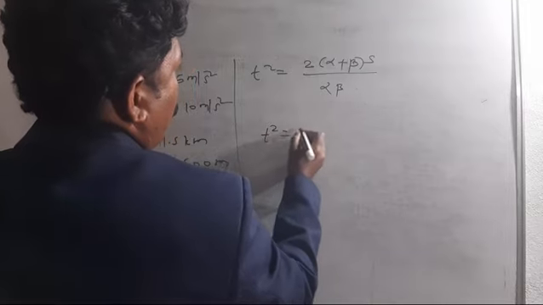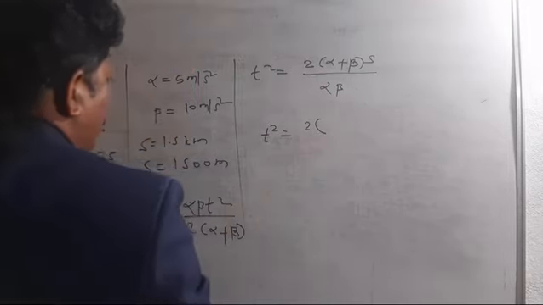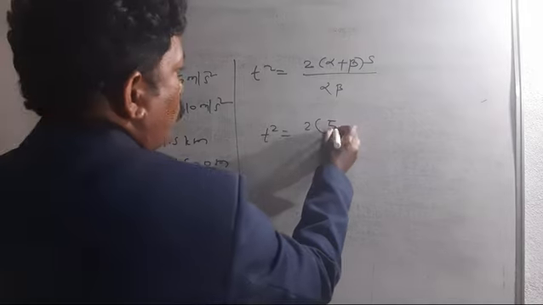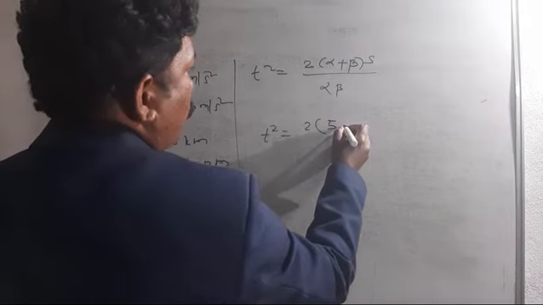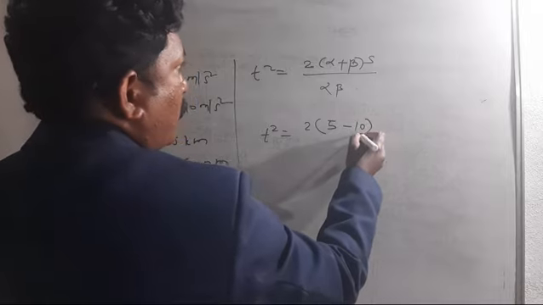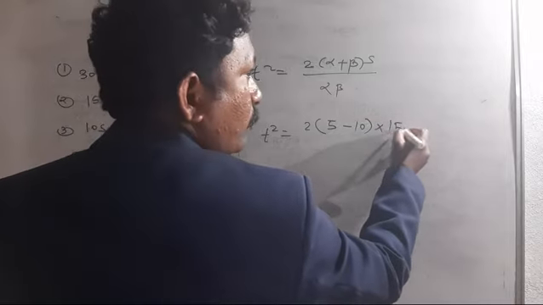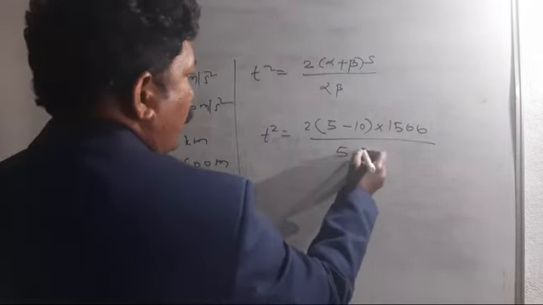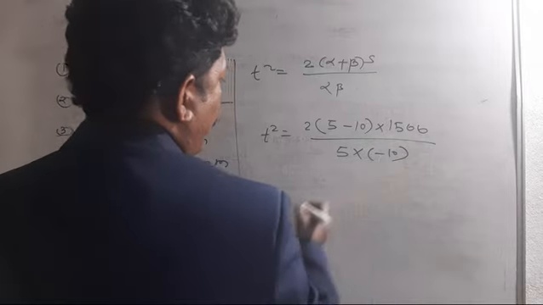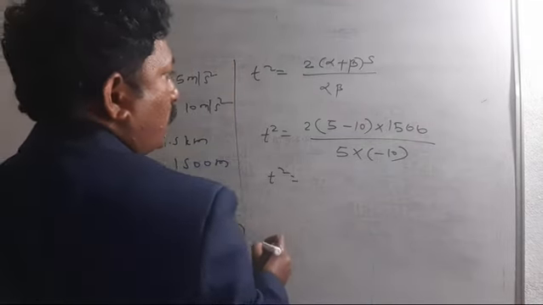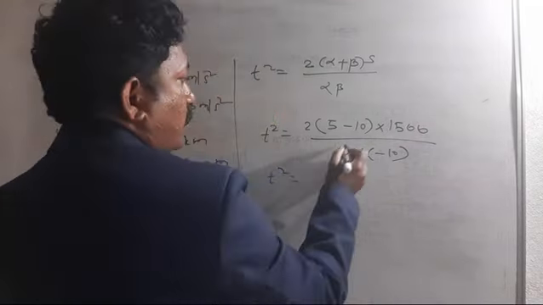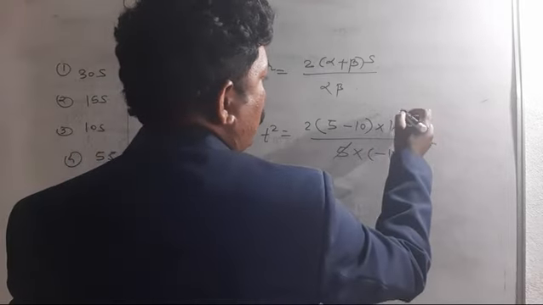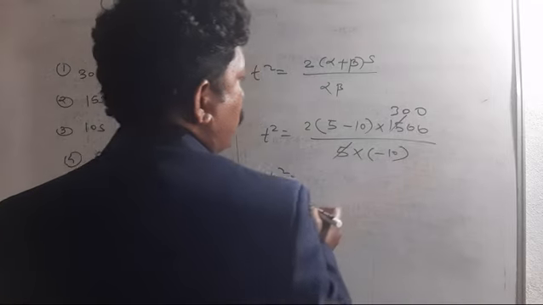t square is equal to 2. The value of alpha is 5, the value of beta is equal to minus 10, s is equal to 1500. Alpha value of alpha is equal to 5, value of beta is equal to minus 10. T square is equal to, this is direct, 300.